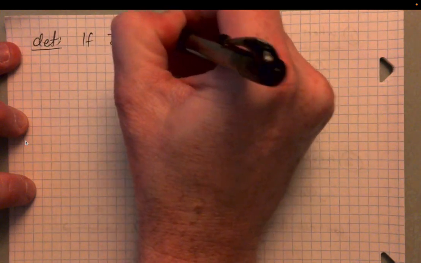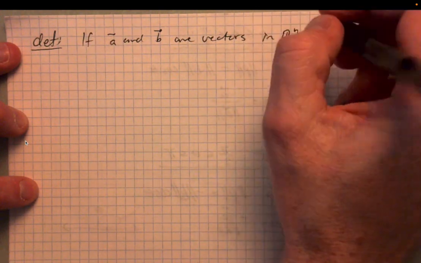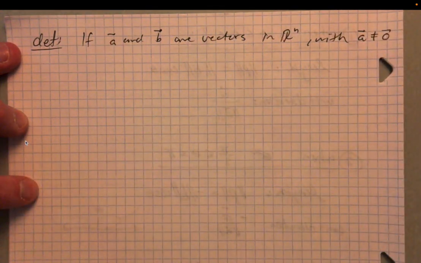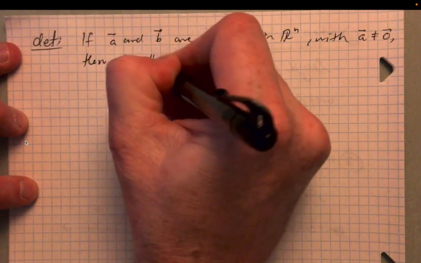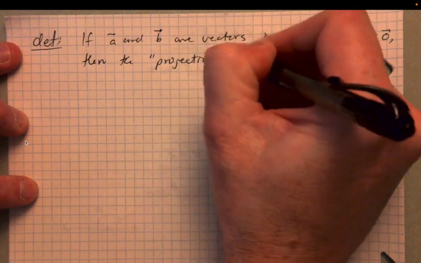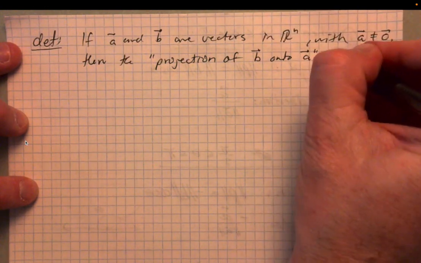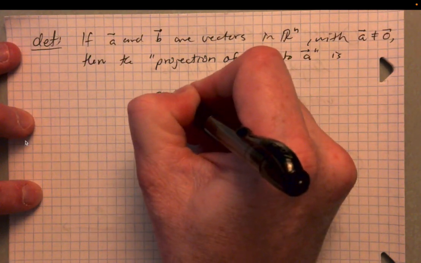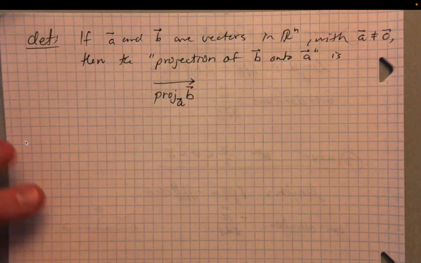If A and B are vectors in R^n with A not equal to the zero vector, then the projection of B onto A is, now here's the notation we use, projection of B onto A. Not cumbersome notation or anything.